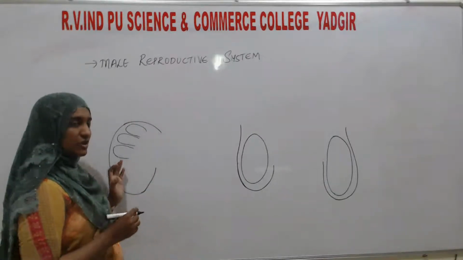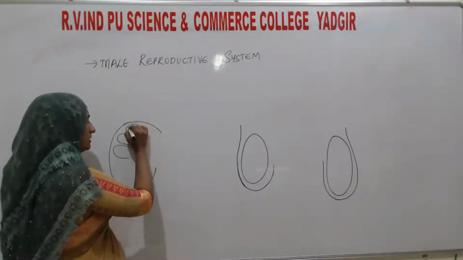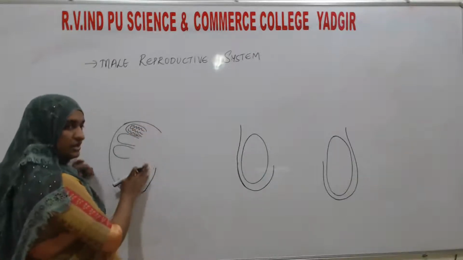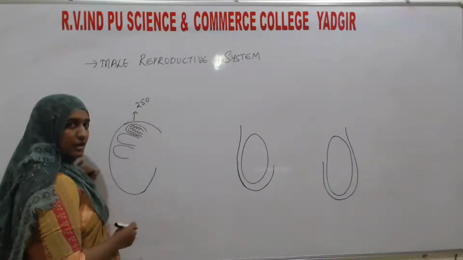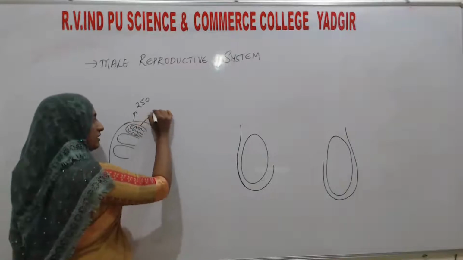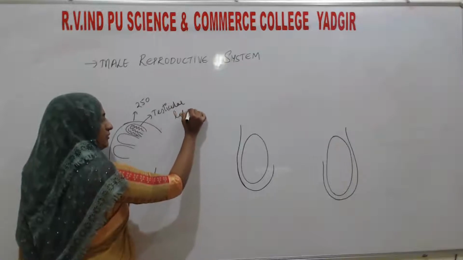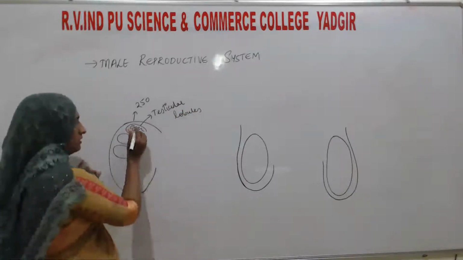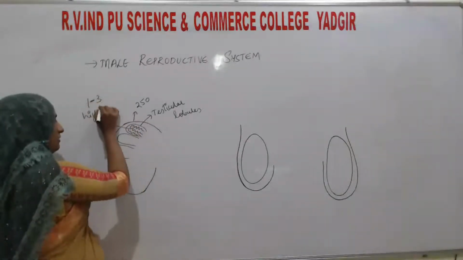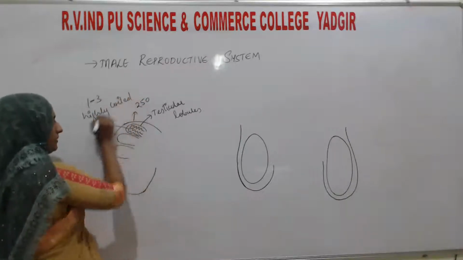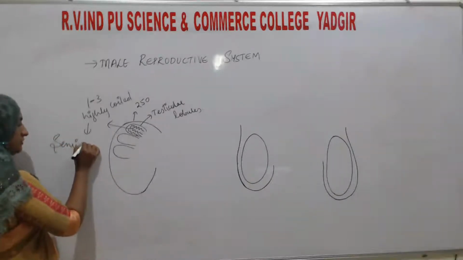In each testicular lobule, there will be 1 to 3 highly coiled tubular structures. Okay, and in each testis, there will be about 250 compartments, which we call the testicular lobules. These 1 to 3 highly coiled tubular structures we call the seminiferous tubules.